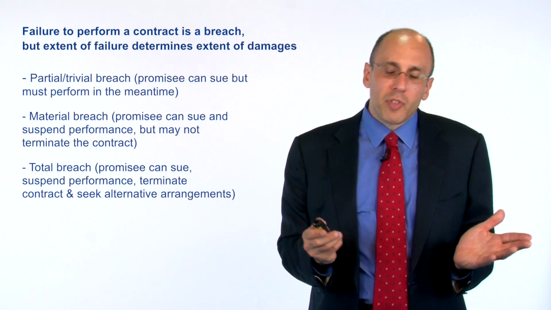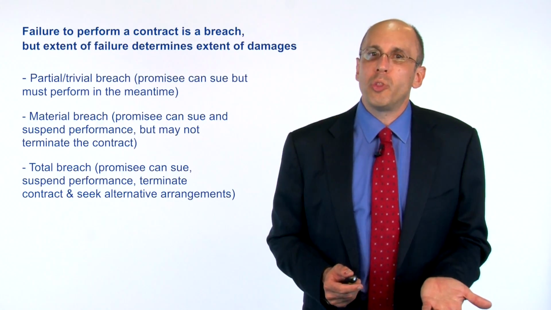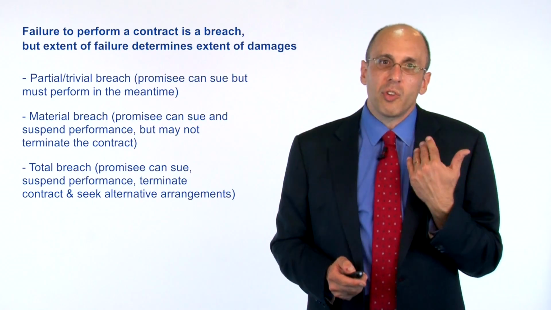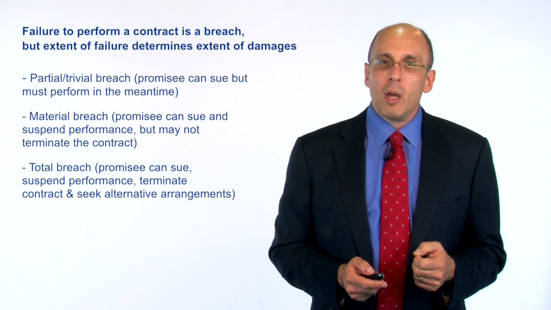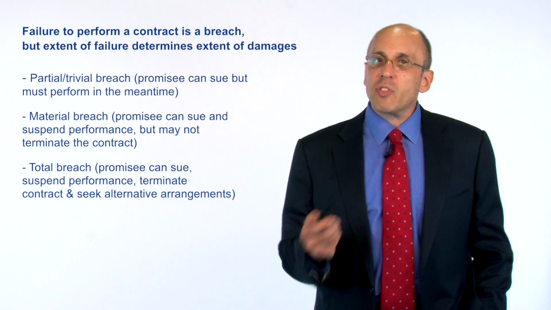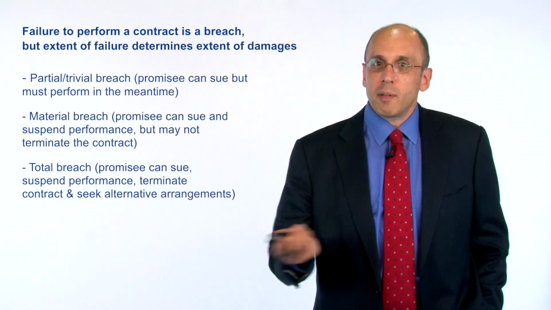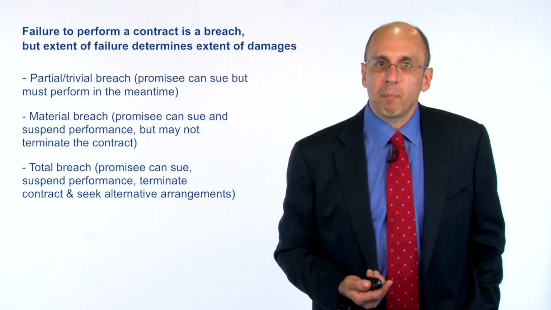Well, that's a breach of the contract. I didn't actually paint the whole fence, but you can't withhold the entire $100 because I did most of the fence, and whatever breach there is relatively minor. And so that's considered a partial or trivial breach, and I can sue, I can get you to finish it, but I have to perform in the meantime.